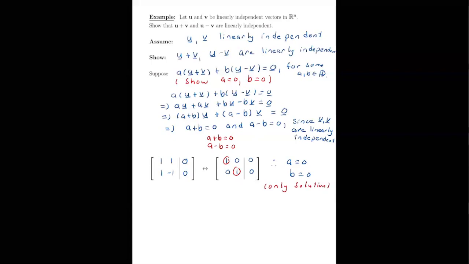We've shown that the only solution here is the trivial solution 0, 0. And so the conclusion is, therefore, u plus v and u minus v are linearly independent.